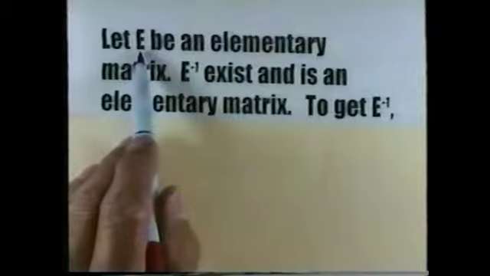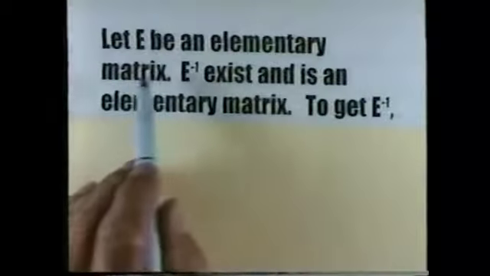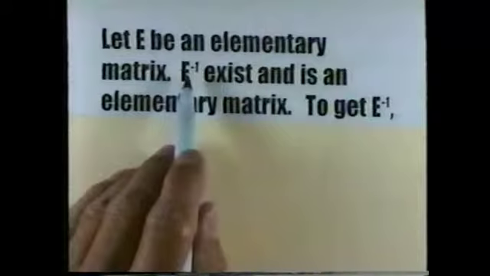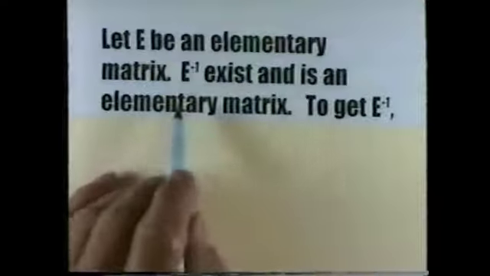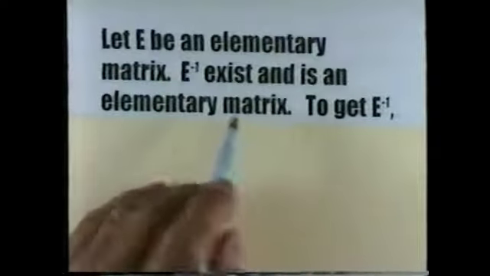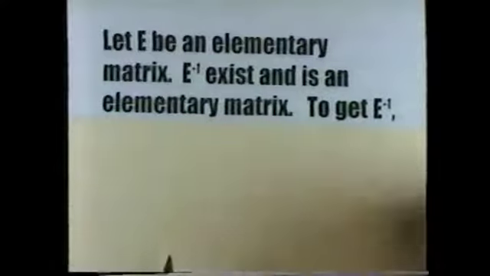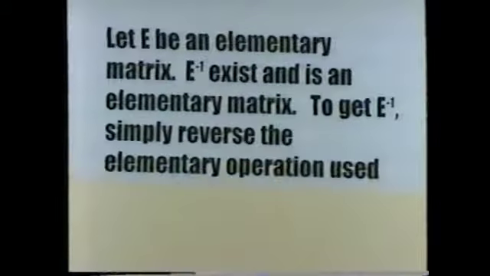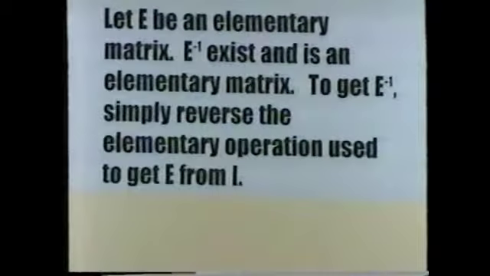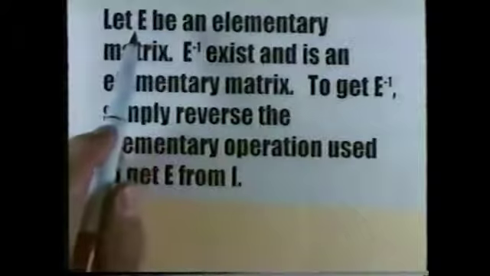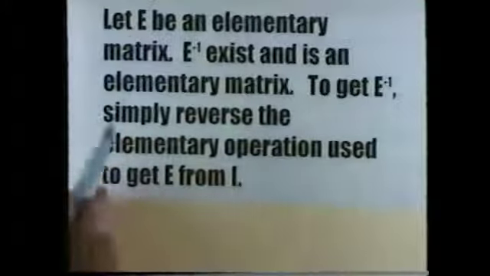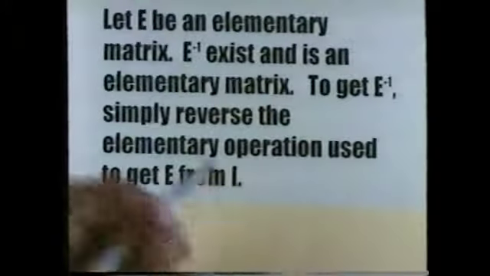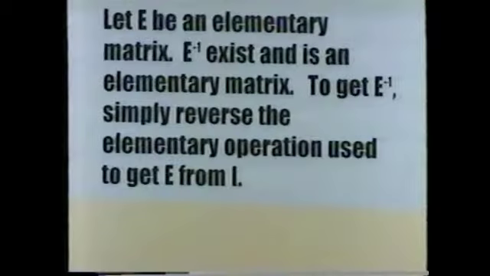So if E is an elementary matrix, then E has an inverse, and the inverse is itself an elementary matrix. To get the inverse, simply reverse the elementary operation used to get E from I. If E is elementary, that means you did a row operation to get E, so reverse that operation and you'll get E inverse.